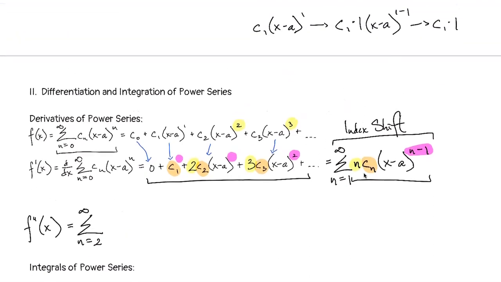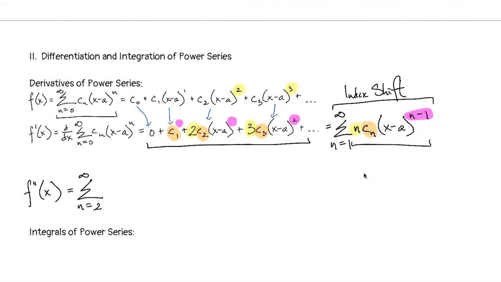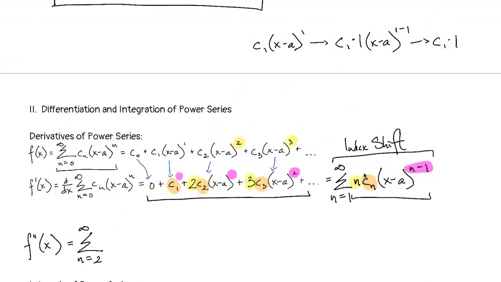Will your n jump up to an n squared? Okay, so n is a number, right? N is a number, just like c is a number. So n and c sub n, these two, they're both constants. If I have a constant and I'm taking a derivative, those constants stay where they are. Kind of like my c sub 1 stayed, my c sub 2 stayed. This n and the c sub n, those stay because it's a constant multiple.